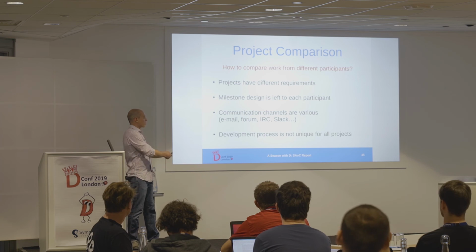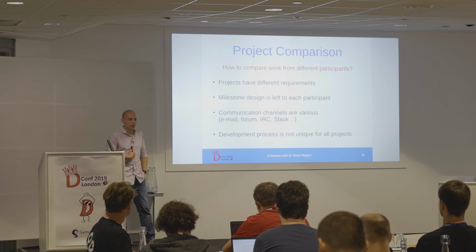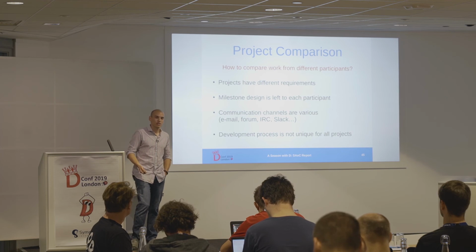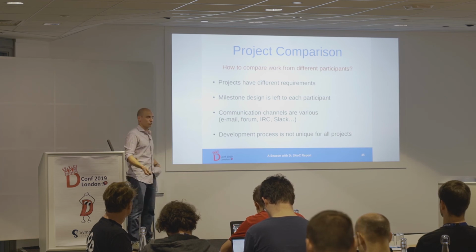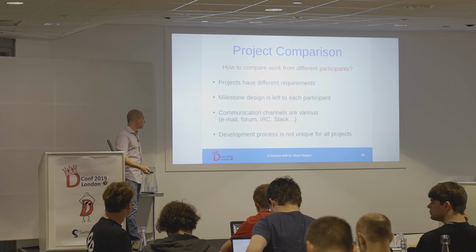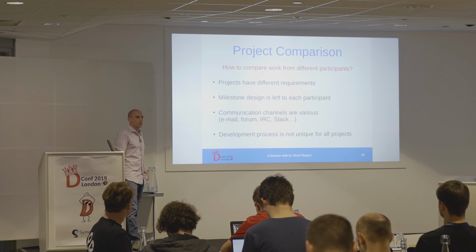Because our projects were different: he worked on a garbage collector, I worked on an application level protocol. We designed our milestones, so we decided how and when to work on it. We communicate in different ways and with different frequencies, and had different development processes.